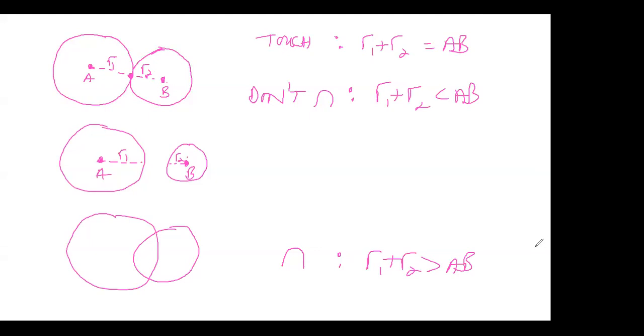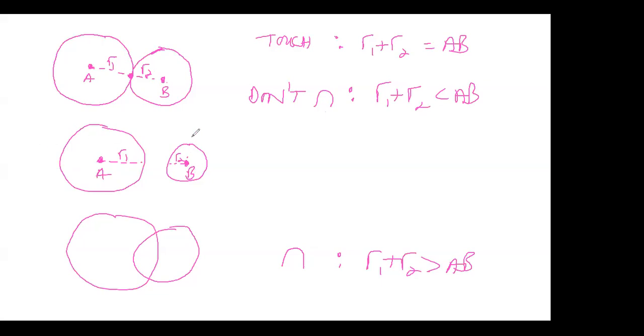So what they can do is they can give you the equations of two circles and ask you if they touch or don't intersect or whatever. And this is what you need to know. You need to check if the one radius plus the other is less than the distance between the centers. If it is, then they don't intersect. So they will give you the equation of the one circle and the other circle.